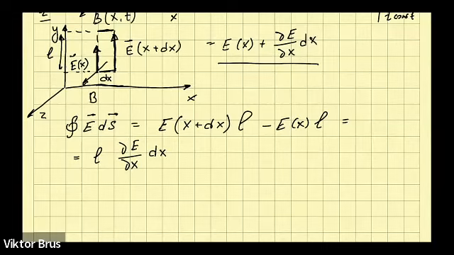This is our magnetic field vector. Magnetic field flux Φ_B is equal to B, the magnitude of the magnetic field, times L times dx. So we just have a product of the magnitude of the magnetic field times the area of this closed path.